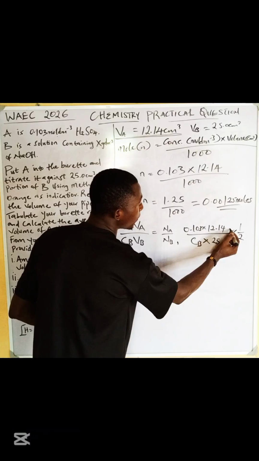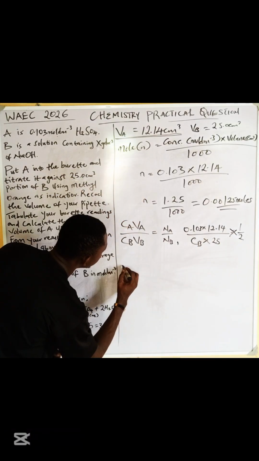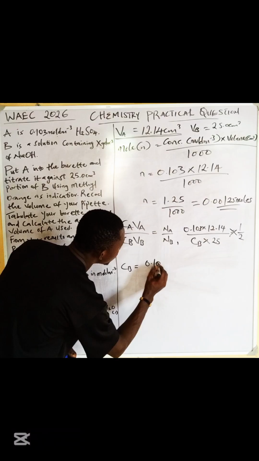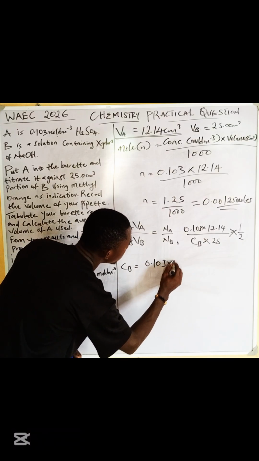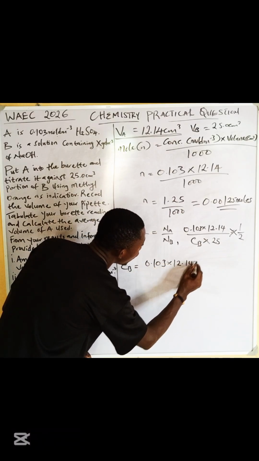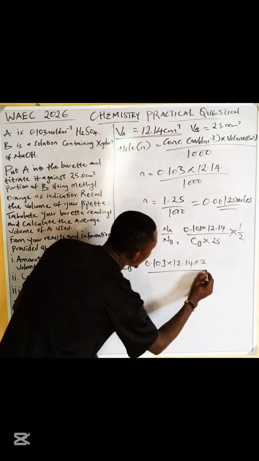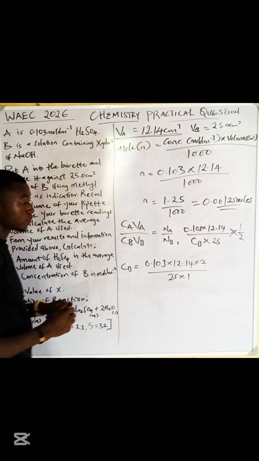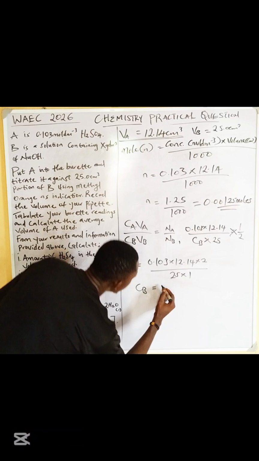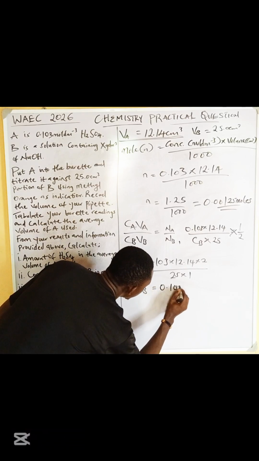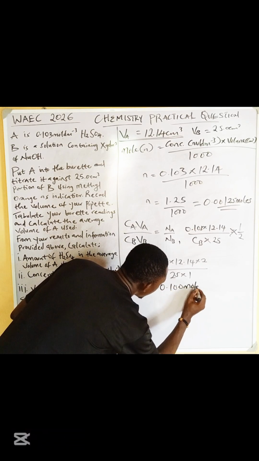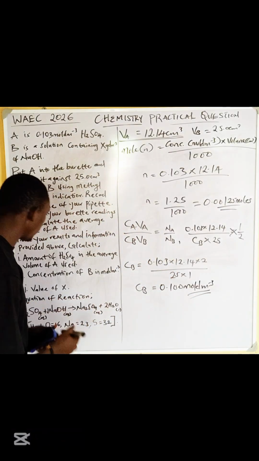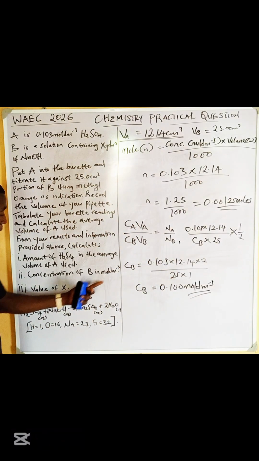So when you cross multiply, you have CB equals 0.103 multiplied by 12.14 multiplied by 2, all divided by 25 multiplied by 1, equals 0.100 mole per dm cube. This is the concentration of B in mole per dm cube.